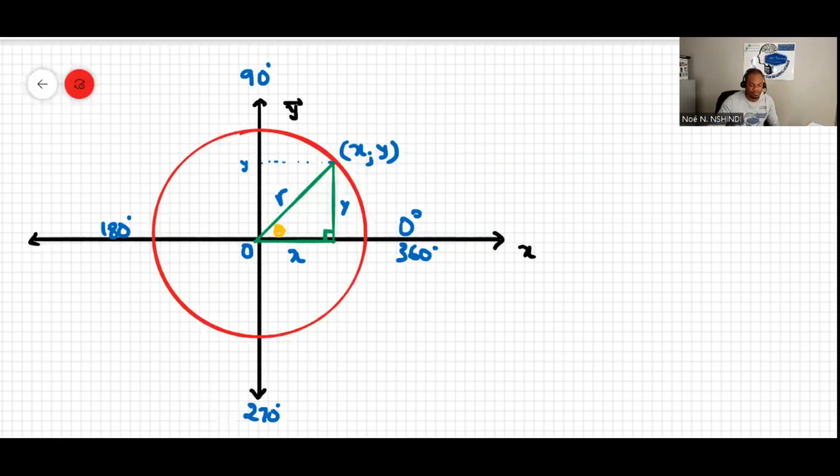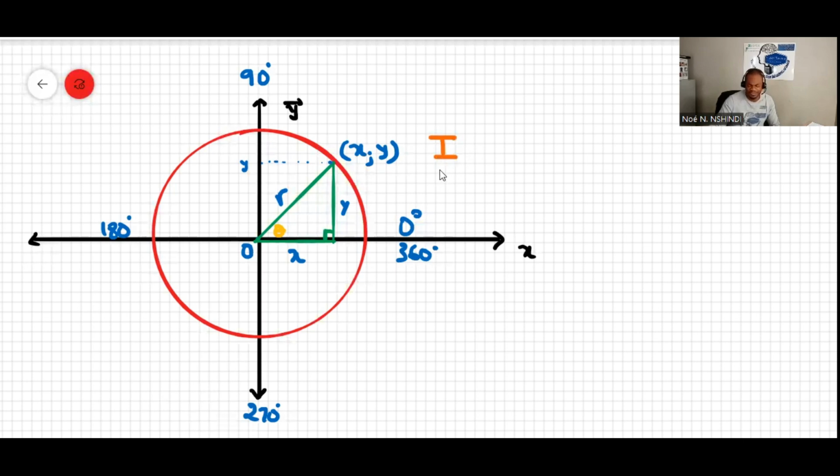Okay. All this part is called the first quadrant. Sometimes they use Roman numerals, like we write the numbers in Roman.